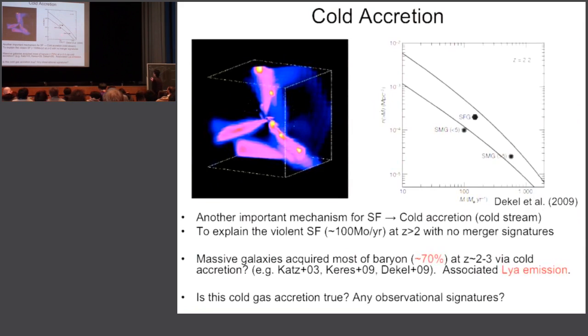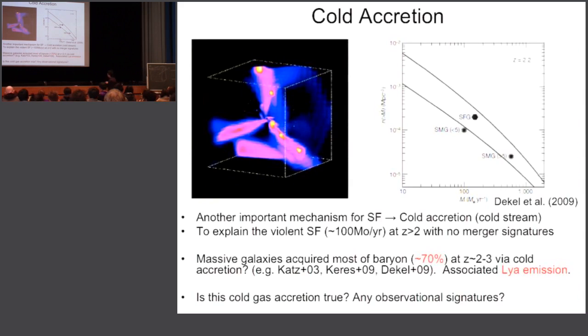So the question is how you can maintain such a strong starburst with no merger effect. Then probably the idea is that if these populations are just made by the cold accretion or cold stream, then they can have such a strong starburst with no significant clumpy structures similar to mergers.